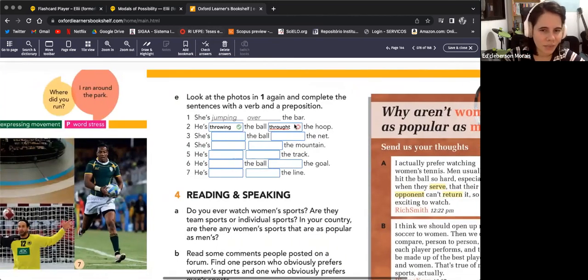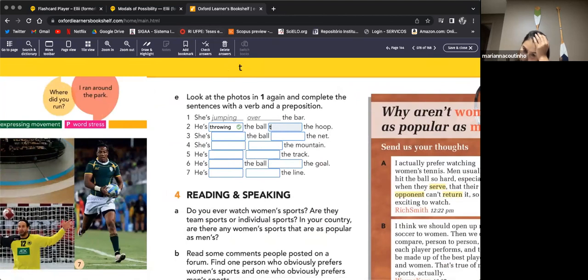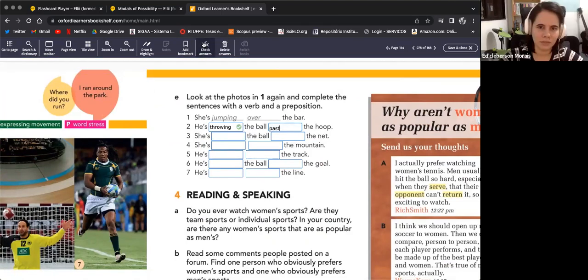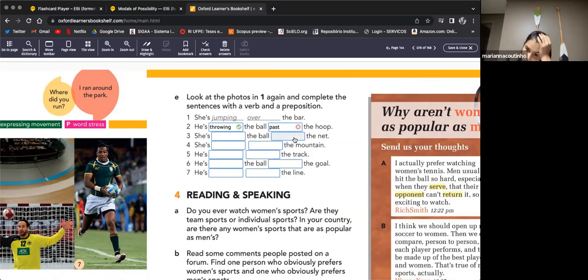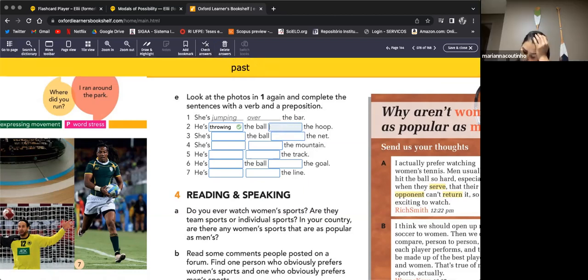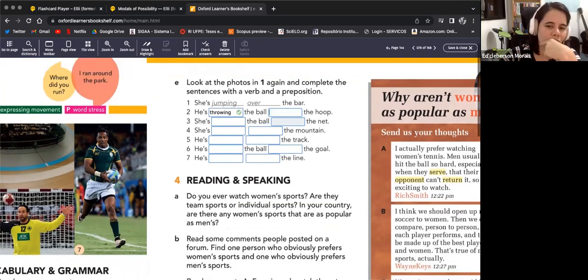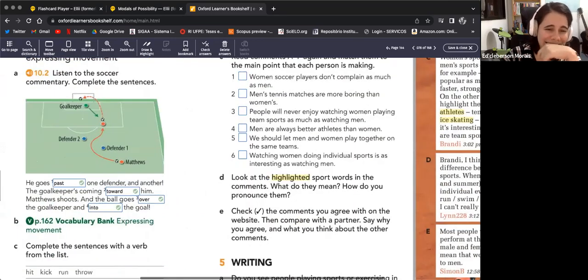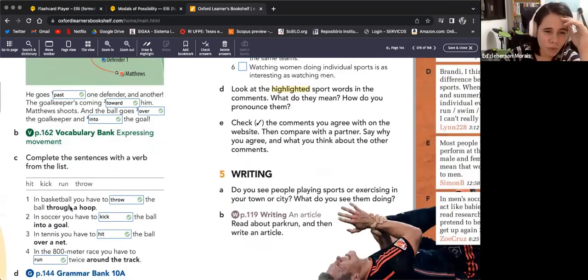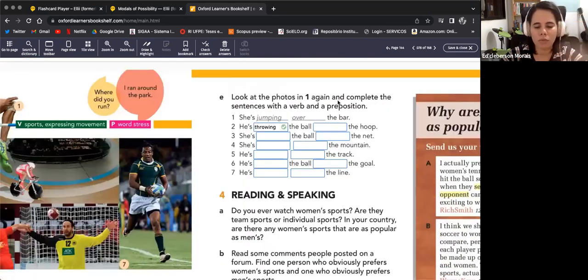O que tu disse? What did you say? Pass. Fast? Huh? Like that? It's not fast. He's throwing the ball. Throwing the ball. I think it's through. Check.